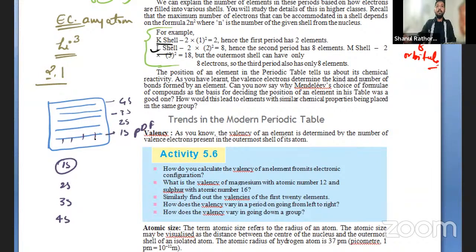So this student will get 1s, this will get 2s, and in the next one this will get 2p, and this will get 3p. Like 2p, 3p, and 4p here as well. And for the third student, we get 3s.